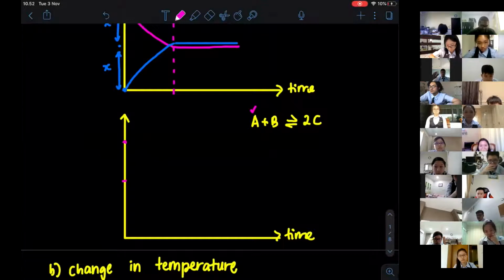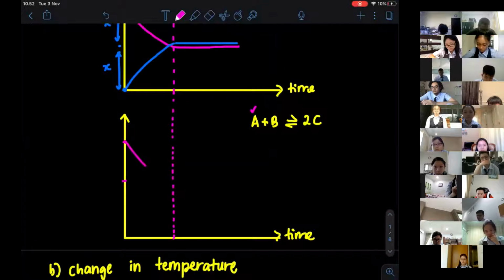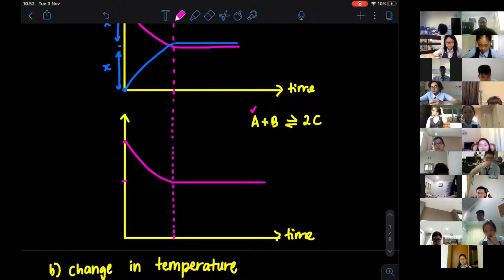So roughly this is still my equilibrium point. It decreased up to here, then it became constant. That's the concentration of A.